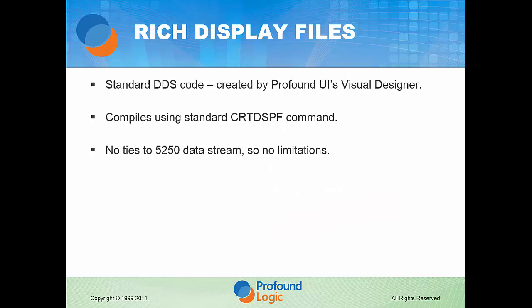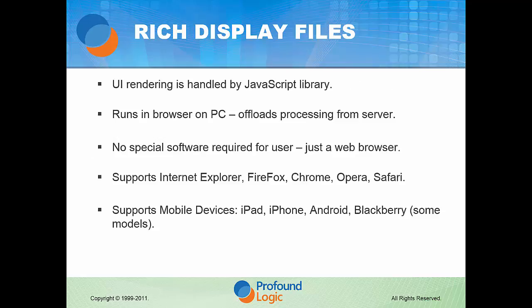But it is standard DDS code, traditionally stored in QDDSSRC source members, but the source is created by the visual designer that we provide as part of the package. It compiles with a standard create display file command or option 14 in PDM, and at that point the 5250 is gone. It no longer exists. It's displaying a native GUI.